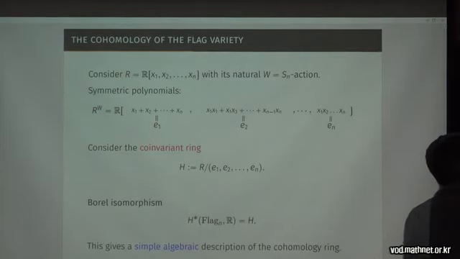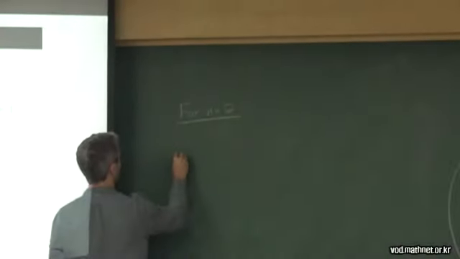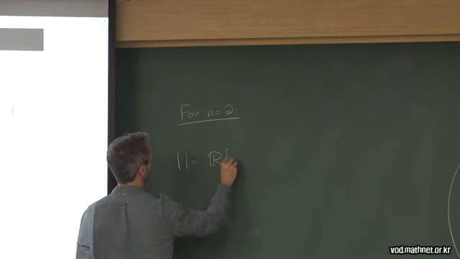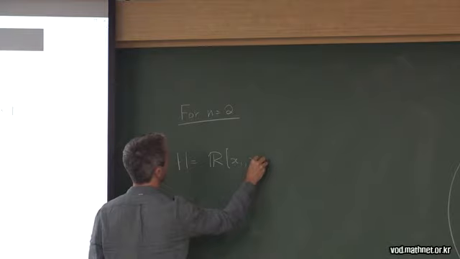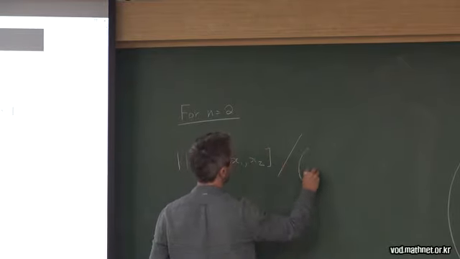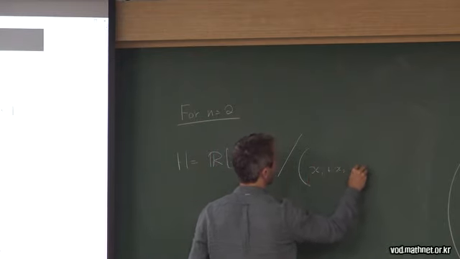So for n equals 2, what is H? This is a polynomial ring in two variables modulo the ideal generated by x1 plus x2 and x1 x2.